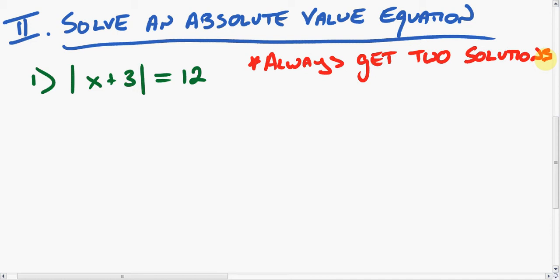So here we've got the absolute value of x plus 3 is equal to 12. How do you solve this?